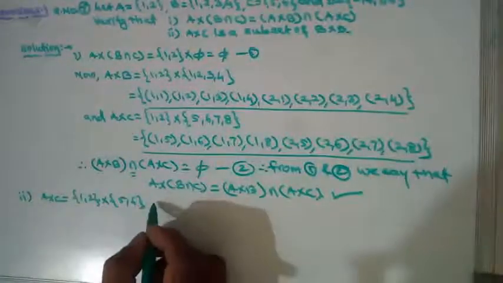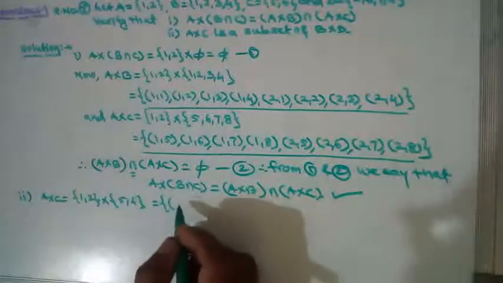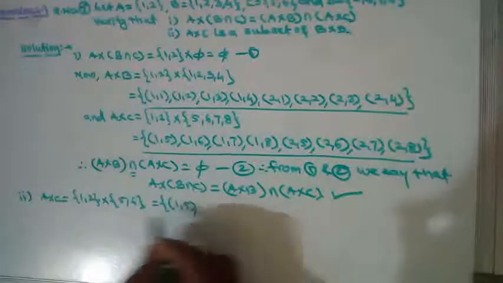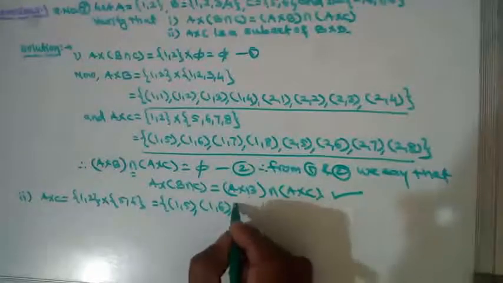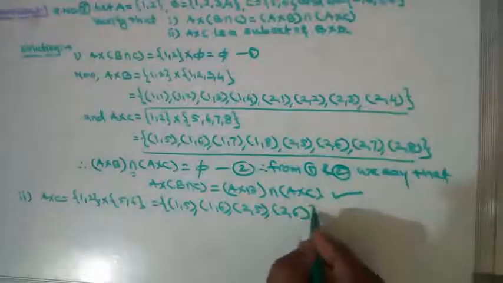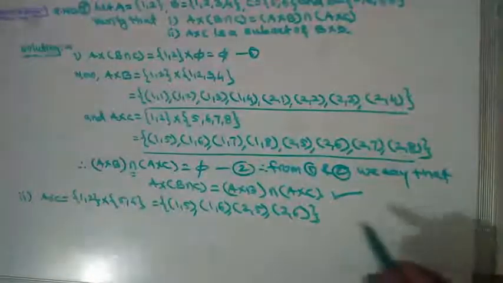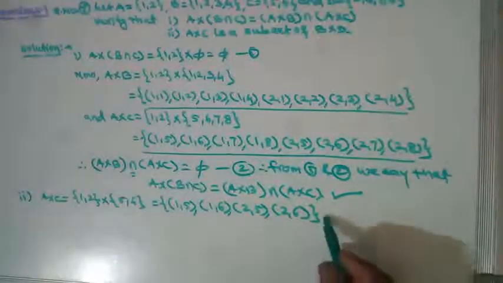Therefore A cross C will be a set containing the ordered pairs (1,5), (1,6), (2,5), (2,6). This will be the set A cross C.